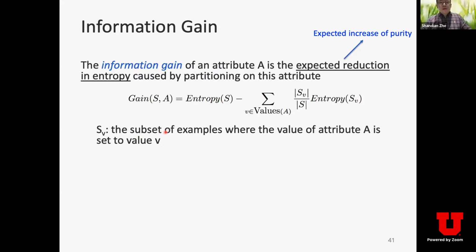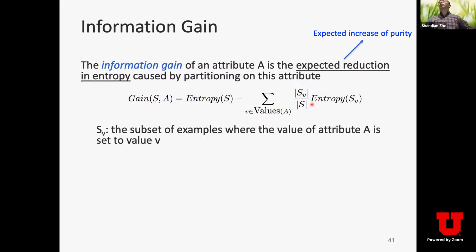Here I want to explain why we should reweight the entropy of each subset after using A to split. The size matters. Because A can take different values, different subsets may have different sizes. If one subset has only 10 examples and the other has 100 examples, which one is more important in terms of purity? The larger one. Even if those 10 examples are purely labeled, if the 100 examples are highly mixed, this is not very good.